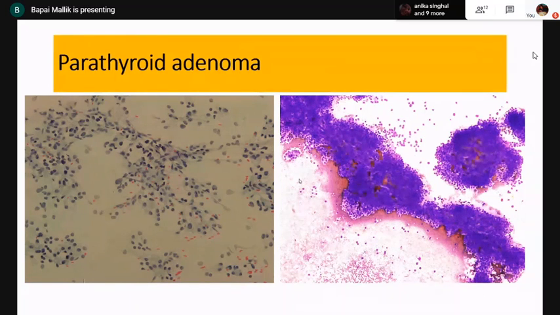Last but not the least, parathyroid adenomas should come into this particular group, and they usually show microfollicles, macrofollicles, overlapping trabeculae of cells present like these fragments, and they look very, very similar to a follicular neoplasm. But if you know the history, which suggests some kinds of hyperhormonal features, it may help you in suggesting it as a possibility, because otherwise it just looks like a solitary thyroid nodule.